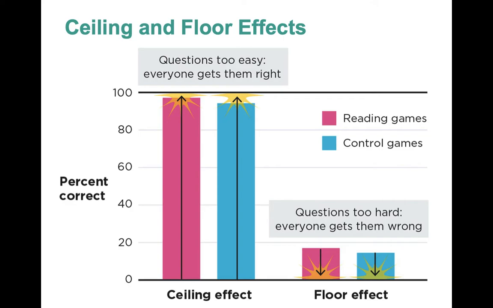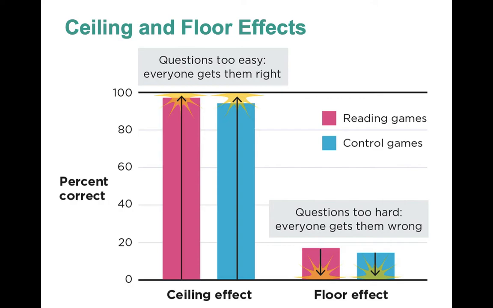Alternatively, if you had an exam that was so difficult, so impossible, that even students that studied a ton weren't doing much better than students that didn't study at all, in other words, it was so hard, studying didn't even help, it's like basically random guessing on a multiple choice test. So you'd get a floor effect.